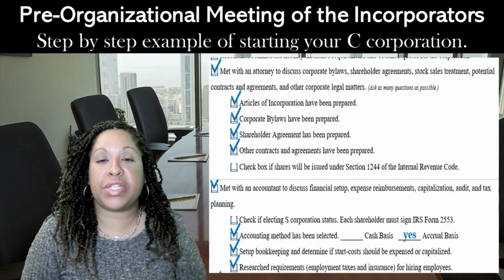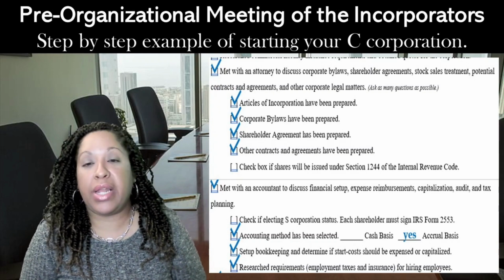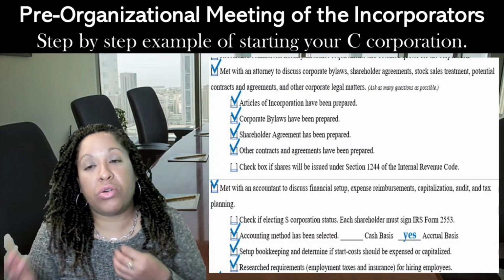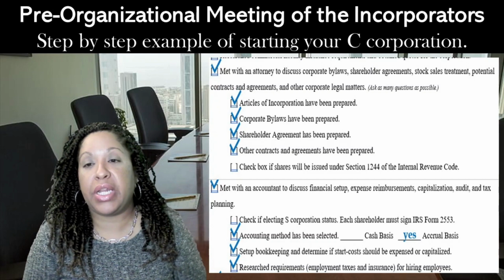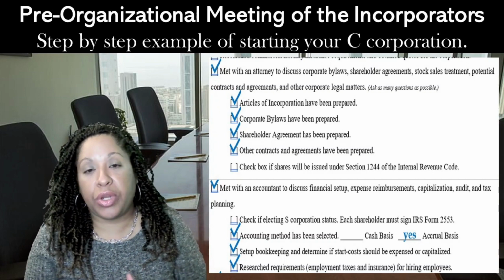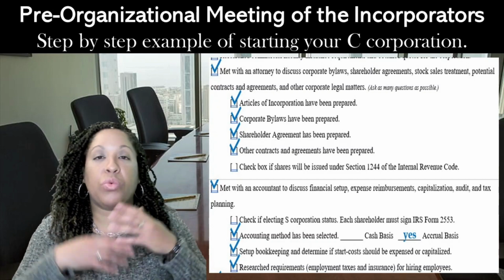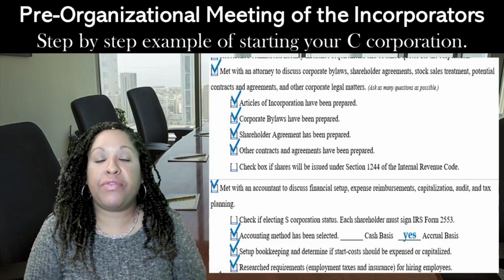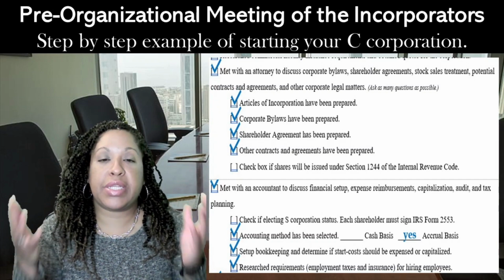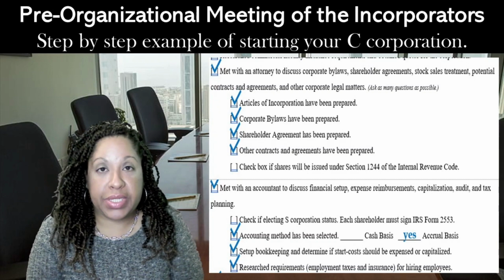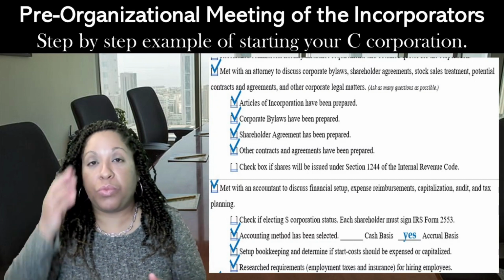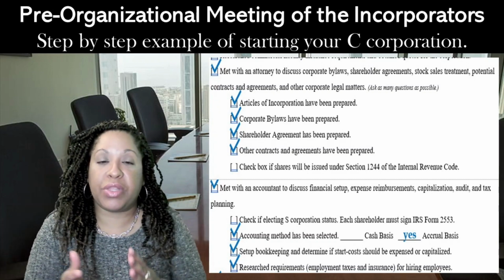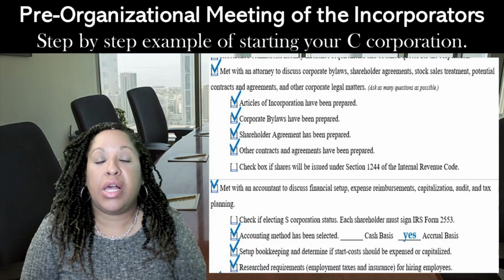They met with an attorney to discuss corporate bylaws, shareholder agreements, stock sales treatment, potential contracts and agreements, and so on and so forth. So we'll say that they have met with an attorney, even though an attorney is not here for the pre-organizational meeting. They have at least met with someone beforehand and got some things in order and brought it to this meeting.